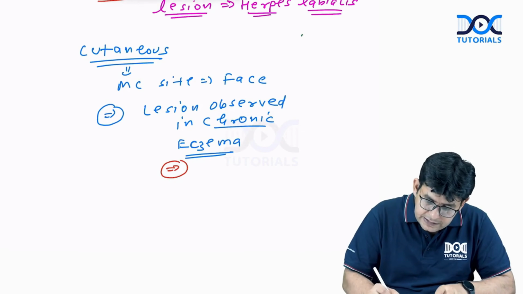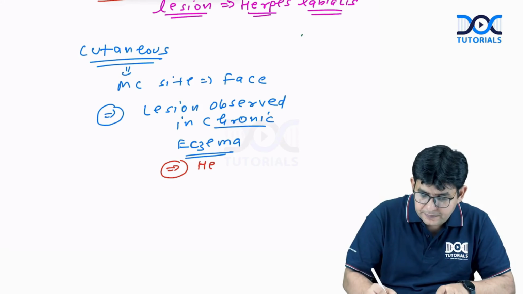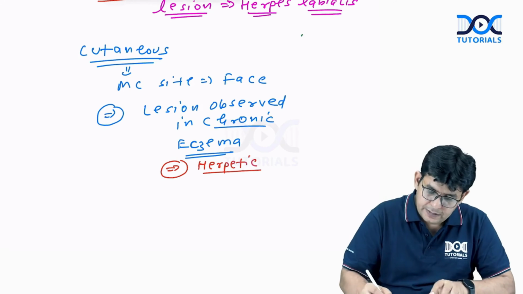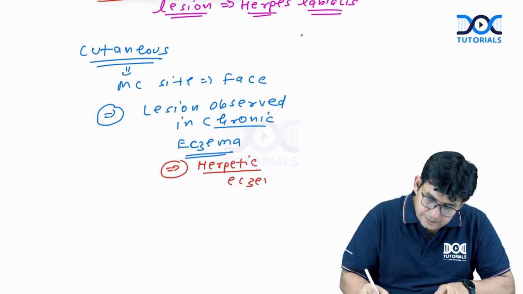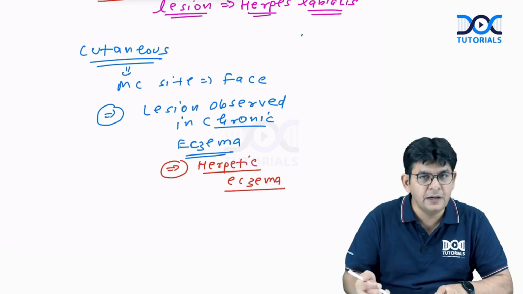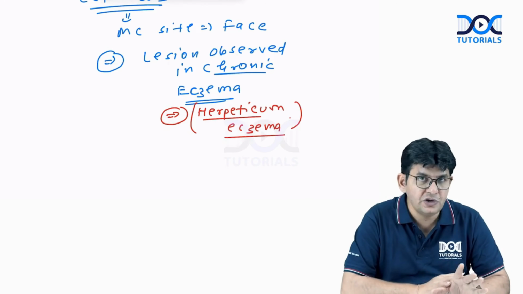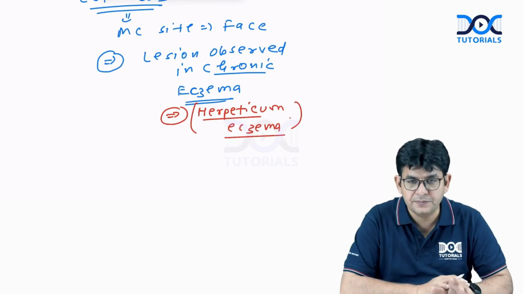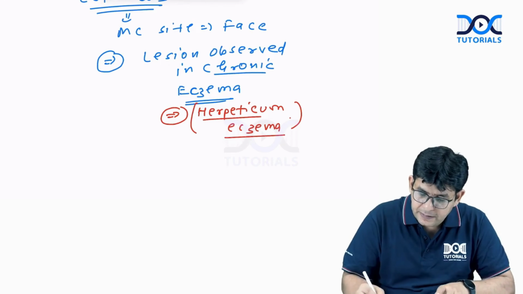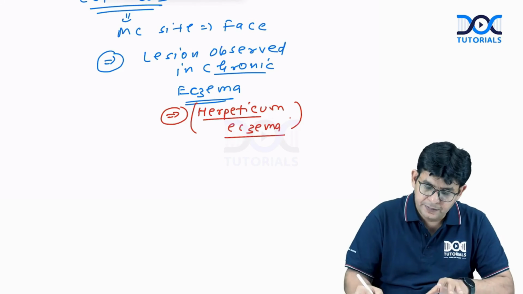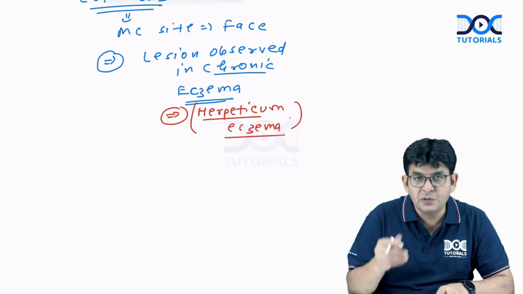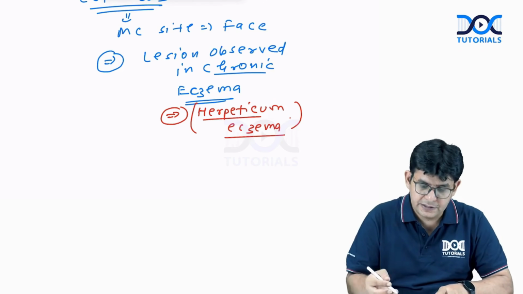That particular one is termed as herpetic eczema, or you can say eczema herpeticum. So the lesion observed in a chronic eczema patient is eczema herpeticum or herpetic eczema. Okay, and it is mostly over the face.